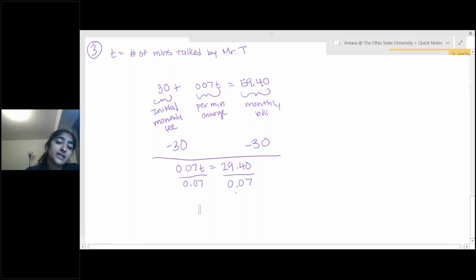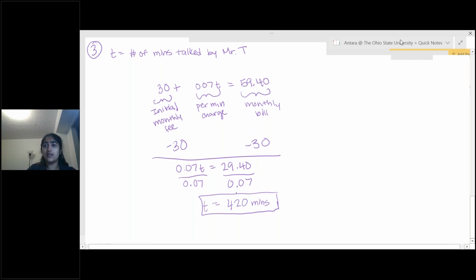And here we get t equals 420. You can just plug this into your calculator. 420 minutes. So that means that he talked 420 minutes on the phone in the month of January.